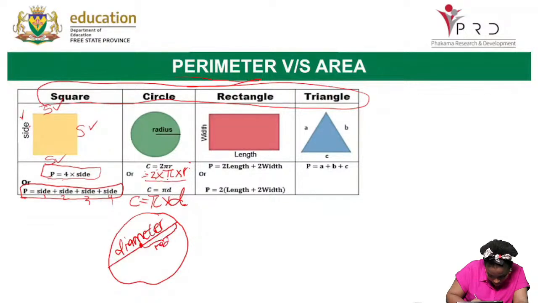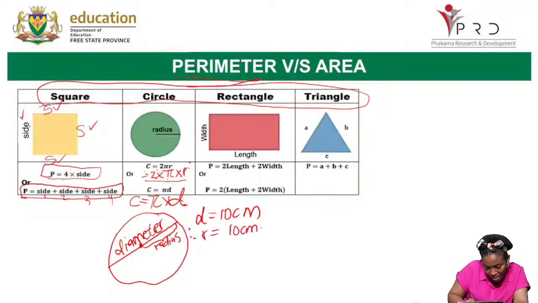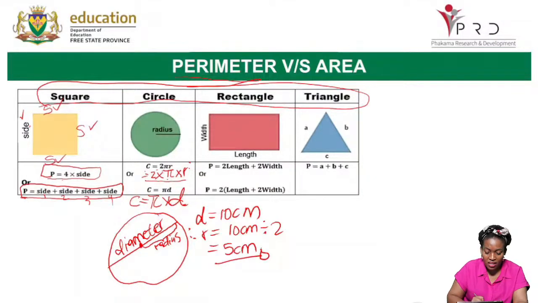This part would represent your radius. Example, if your diameter is equal to 10 centimeters, that means that your radius would be 10 centimeters divided by 2. Therefore, your radius would be 5 centimeters. So that is the relationship between a diameter and a radius.